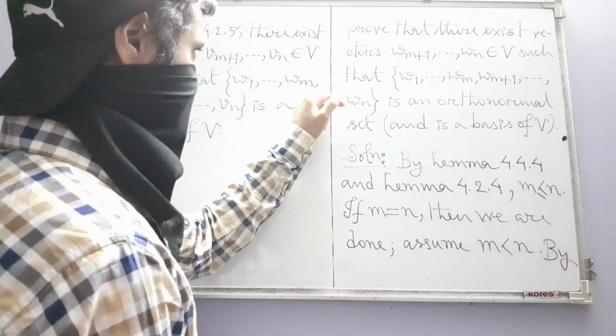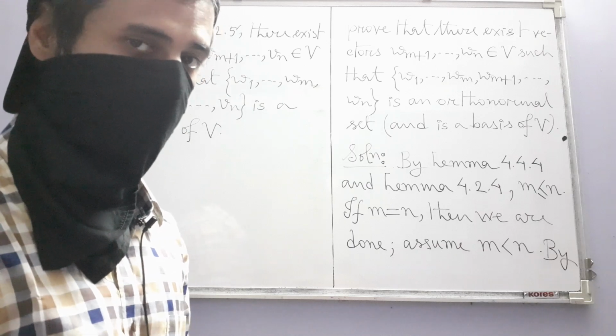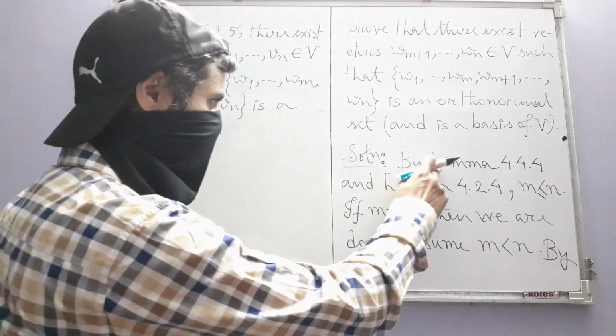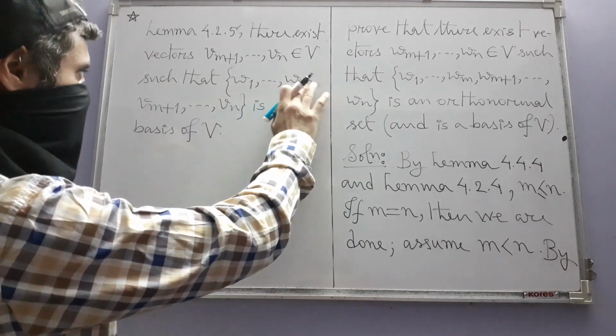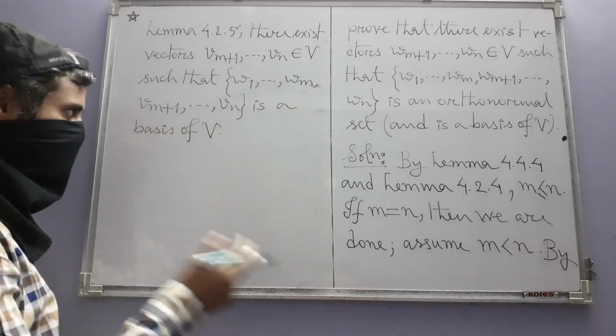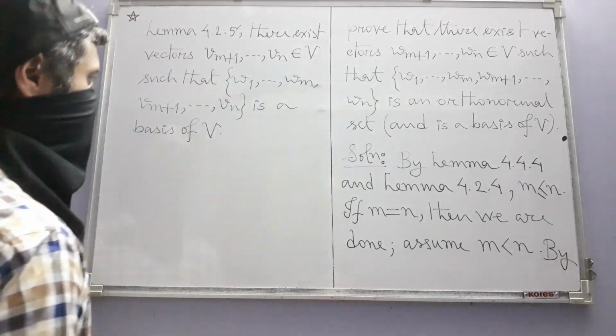But this part of the set with which we are starting is already linearly independent. Why? Because it's an orthonormal set. So by lemma 444, it is linearly independent. So we can start with it and we can introduce some extra vectors to complete a basis.